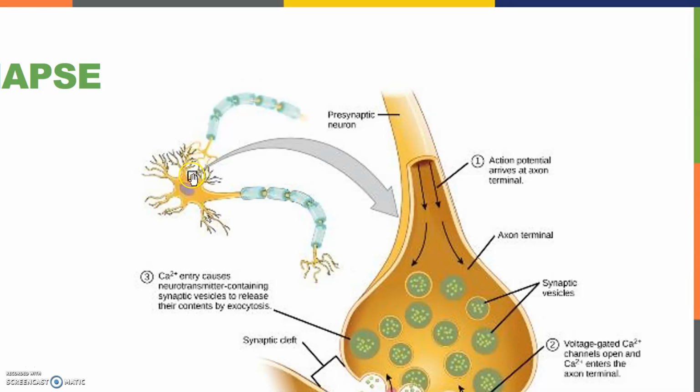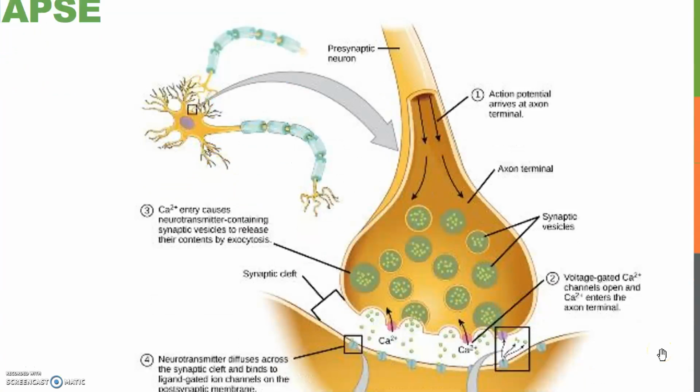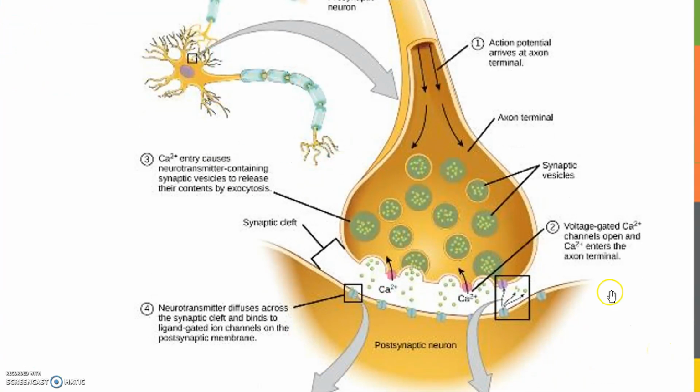And you're looking at the area where the axon terminal of the presynaptic neuron is coming in contact with the cell body, or the soma, of the postsynaptic neuron. So here's your presynaptic neuron, and the action potential, or nerve impulse, is arriving at the axon terminal.